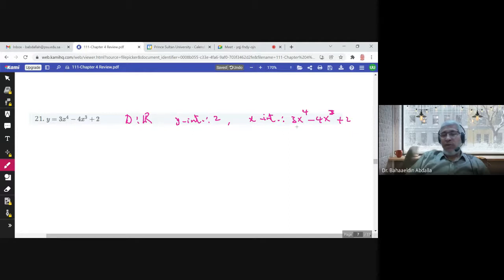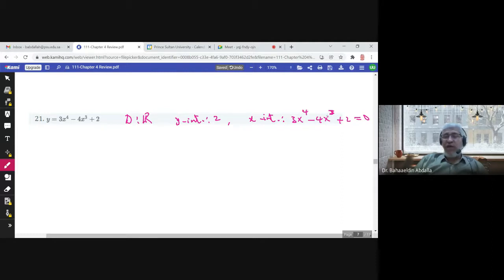The calculator does not solve degree 4, although there are some calculators. To search for a zero, I can replace x by 1, then 3 minus 4 minus 1 plus 2, and try certain numbers like 3. But if you do not find one, then it could happen that there are no x-intercepts.